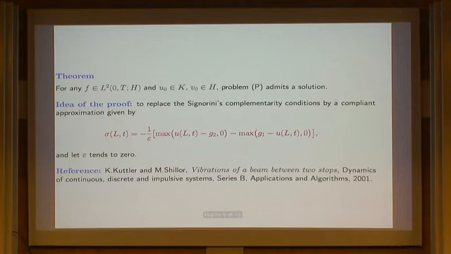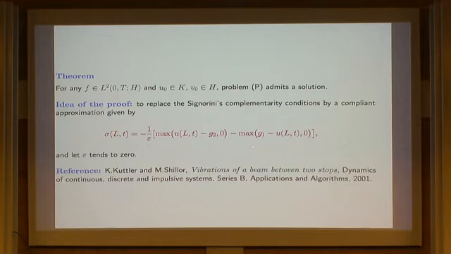So for this problem, we know that there exists a solution. The result has been proved by Cutler and Schiller in a paper published in 2001. And the technique of the proof is based on a penalty technique. So more precisely, they relax the constraint and they replace the Signorini's complementarity conditions by a normal compliance approximation, for which the stress tensor is now defined as a function of u with this relation.